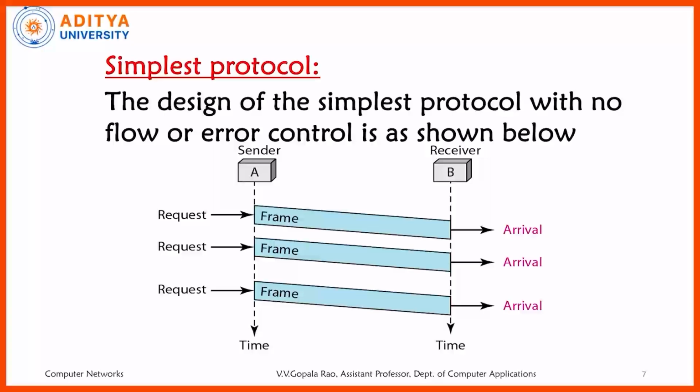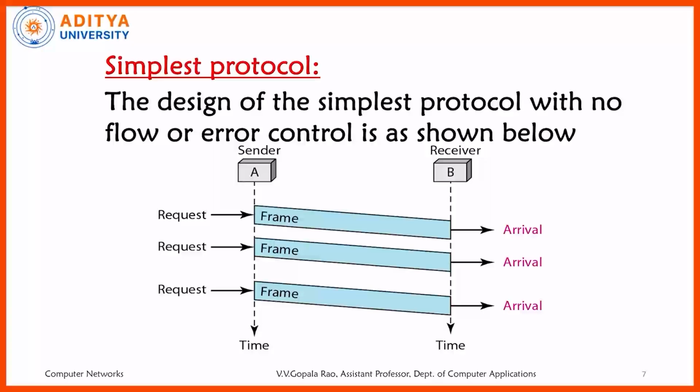Once the frame is put in the channel, because it is a noiseless channel, there is a definite chance of the frame reaching the receiver without any problem. Imagine the frame traveling in the medium and finally reaching the receiver, and the receiver receives it in proper condition, because no damage or corruption is expected.